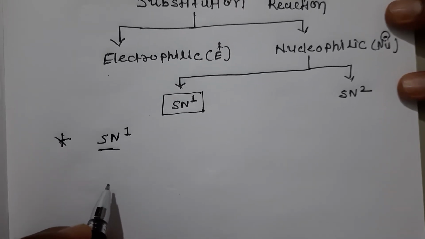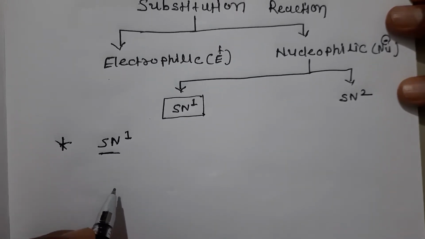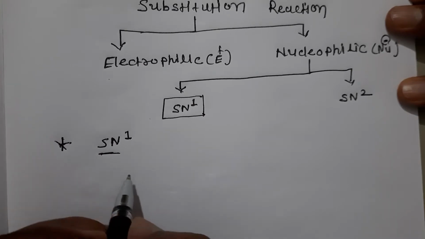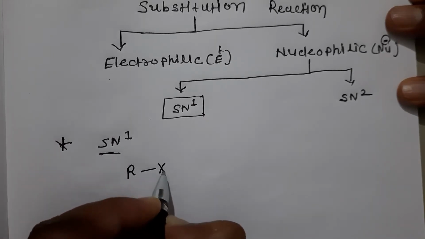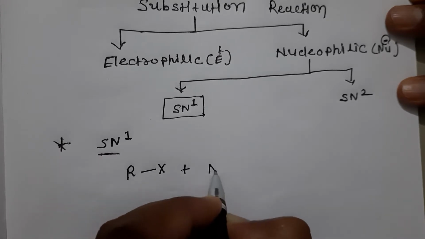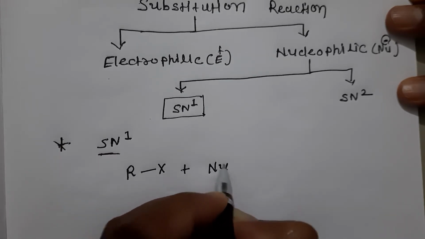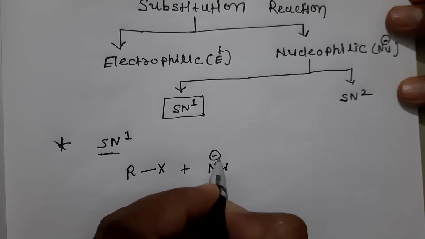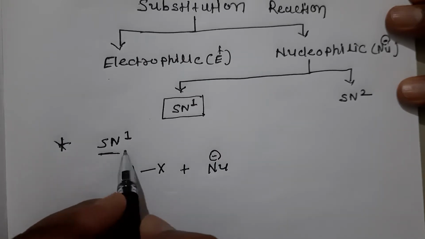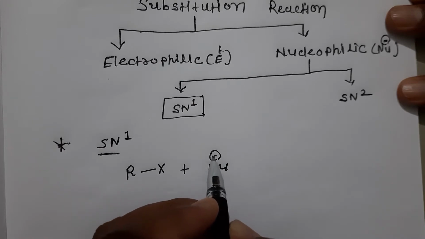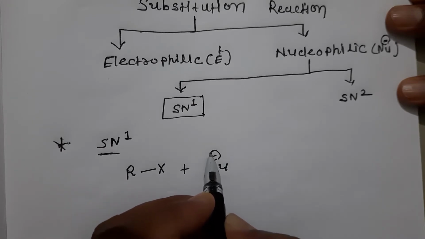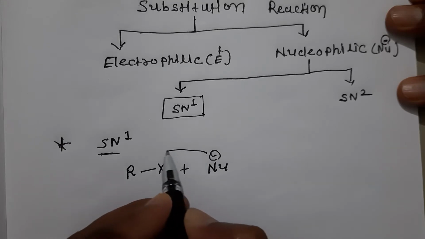Now first, what is the substitution reaction? Suppose we take an alkyl halide and any nucleophile or electrophile attacks; here we particularly discuss the nucleophilic substitution reaction. So we take a nucleophile, and substitution means one group enters and another group is removed.